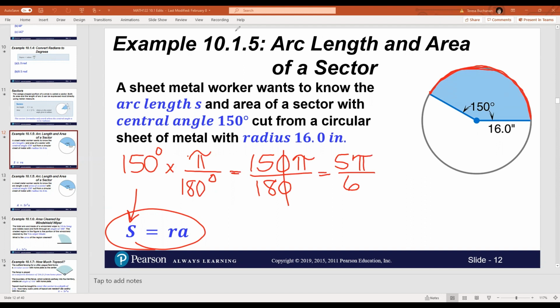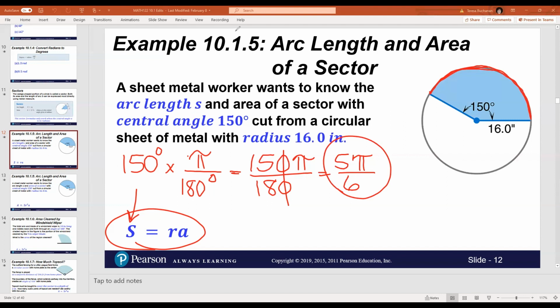5 pi over 6. Now you'll find often that because we want to keep our precision as tight as we can without a lot of difficulty, there's really no reason right here to convert that to some approximation.